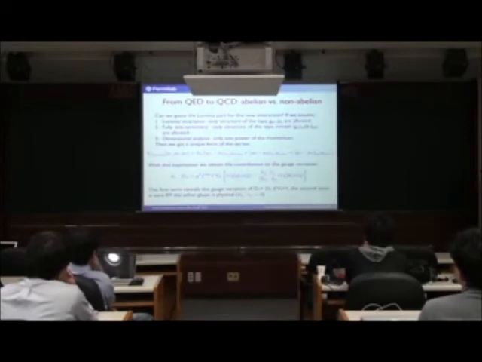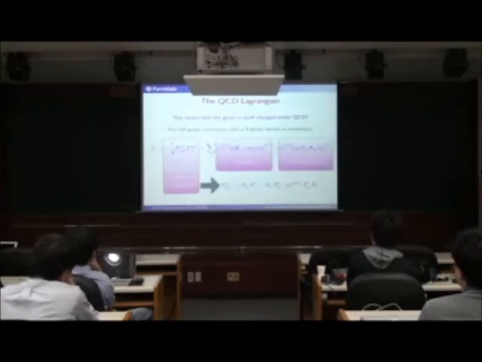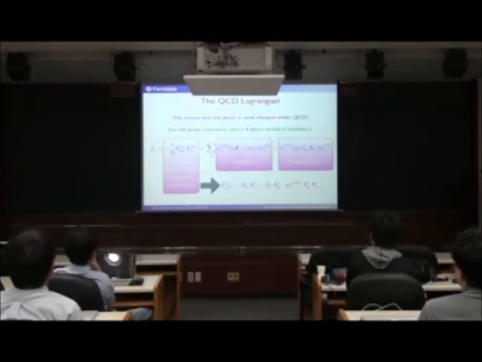So B0 equals 1. And of course for this term, we need the other gluon to be physical, so to be on shell, in order to get this term to this. So this means that the gluon is itself charged under QCD. And this is really the fundamental point of QCD as compared to QED.